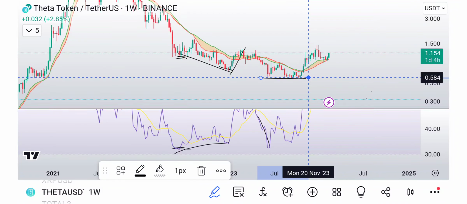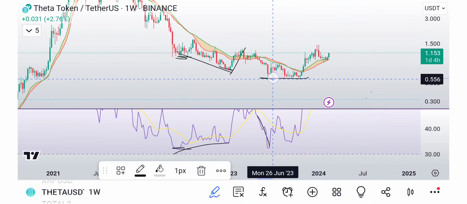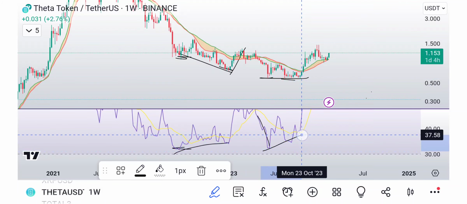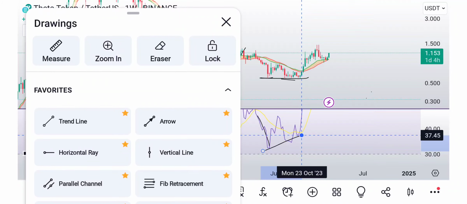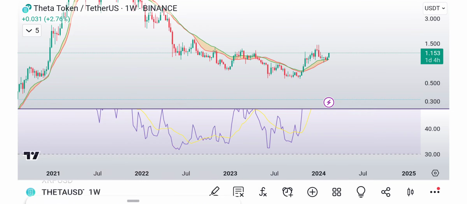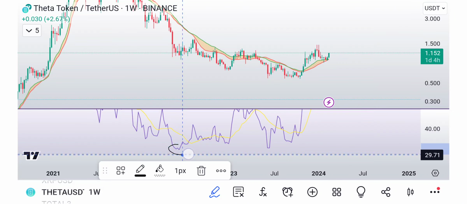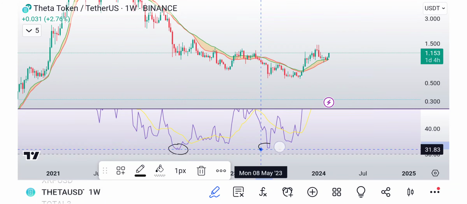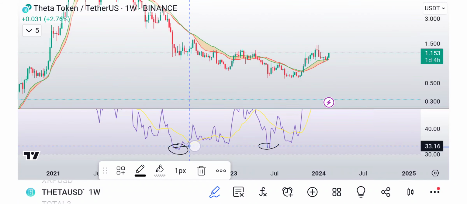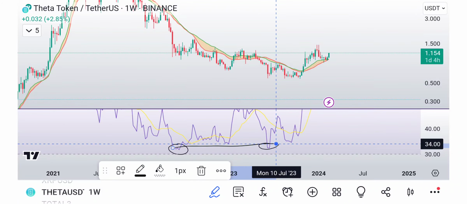But then you can see here, it's going up. But then more important than that, right here, and right here. So this is slightly going higher, right?